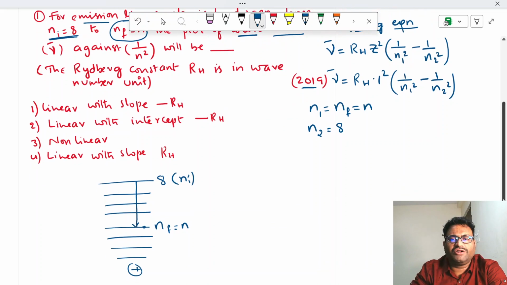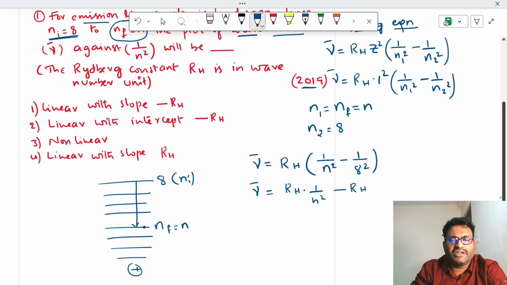You get nu bar is equal to, in this Rydberg equation, RH into 1 by n square minus 1 by 8 square. So this can be written as nu bar is equal to RH into 1 by n square minus RH by 8 square, right?